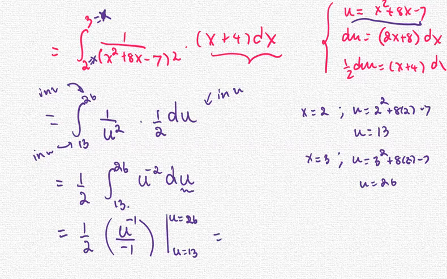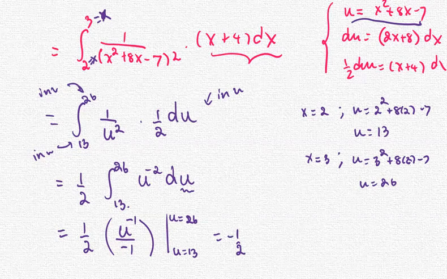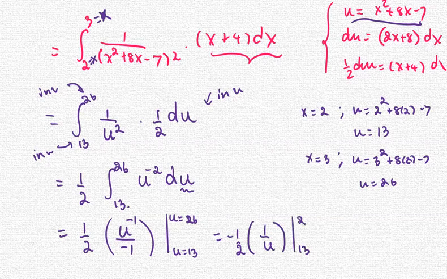When you deal with the definite integral, you have to replace with the upper limit, subtracted by replacing with the lower limit. That is the additional part on top of the process of the indefinite integral. In this problem, negative 1 and 1 half, put them together as a coefficient of 1 over u. Evaluate from 13 to 26.